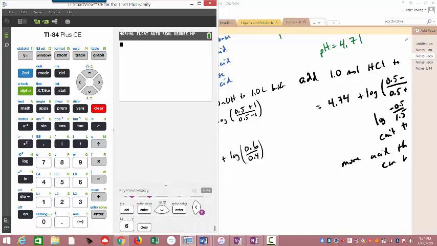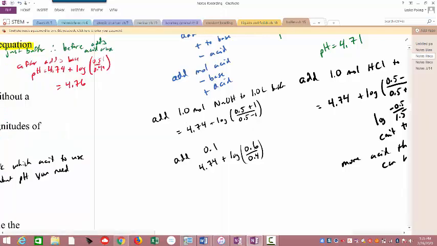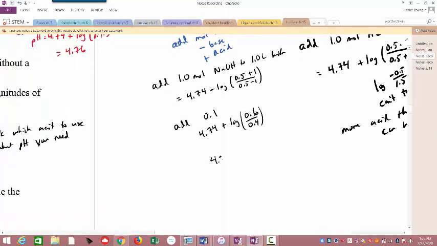So, well, let's just clear this whole thing. 4.74 plus log of 0.6 divided by 0.4. There we go. Okay. So now we have 4.91.